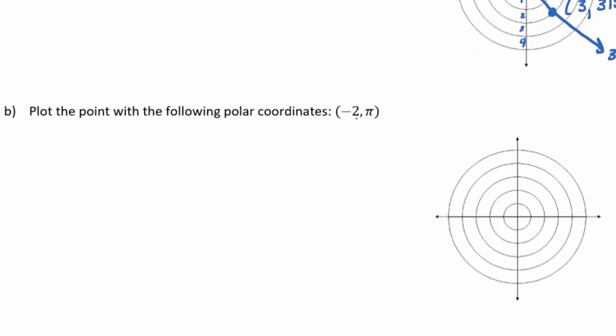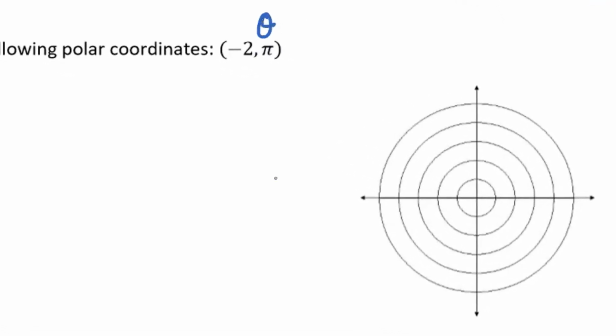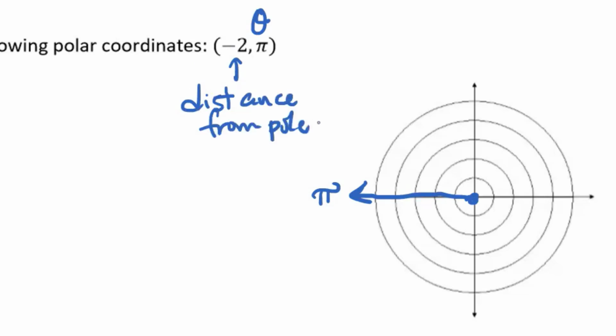Now let's see what the heck it means when you have a negative radius. If you have a negative radius, you're still going to start the same way we did a minute ago. We're going to focus on theta, and we're going to go to the angle pi, which is on the left side of the x-axis. What the radius represents when it's negative is still a distance. The distance from the pole is the absolute value of -2, so 2.